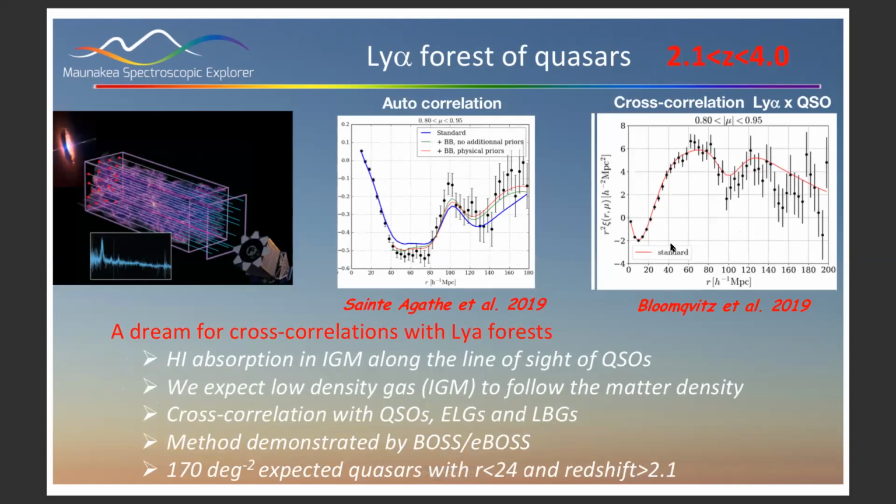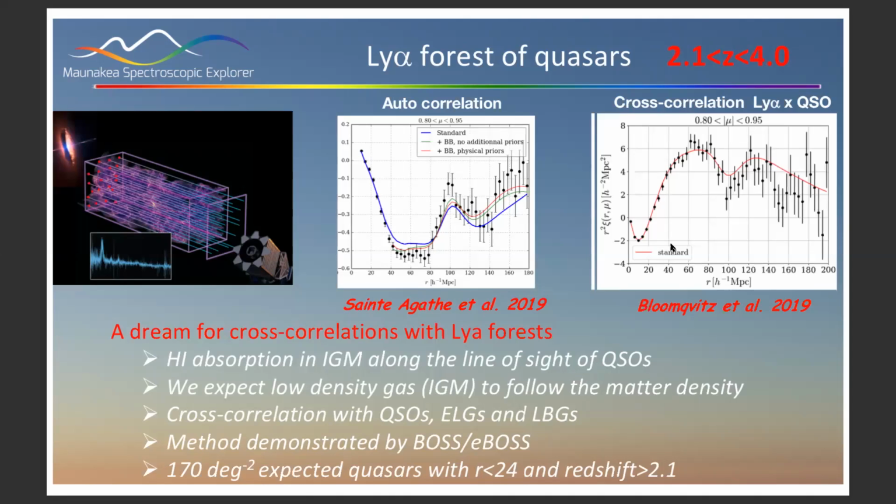The third tracer is the quasars. Actually, we will use the Lyman alpha forest of the quasars. And if we consider that our magnitude limit is 24 in R, we expect of the order of 170 true quasars per square degree, which is 3 times more than what we will have in DESI.